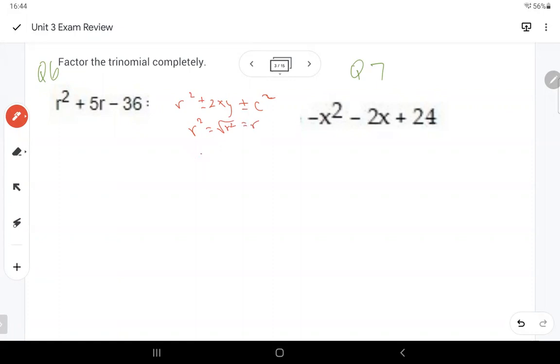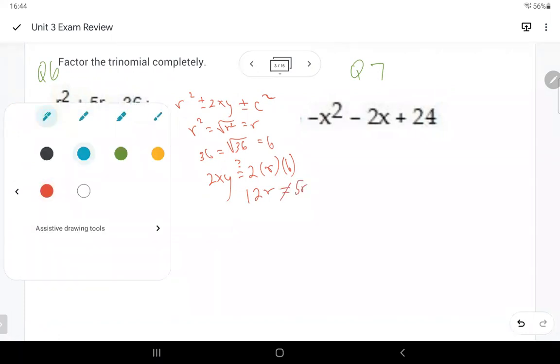And then we have c here, which is 36. Square root of 36 is 6. Okay, but the middle needs to be 2xy. And we need to know, do we have that? Well, the 2 is part of the formula. We have an r and we have a 6. So that would give us 12r, and we have 5r. So we can't use it.